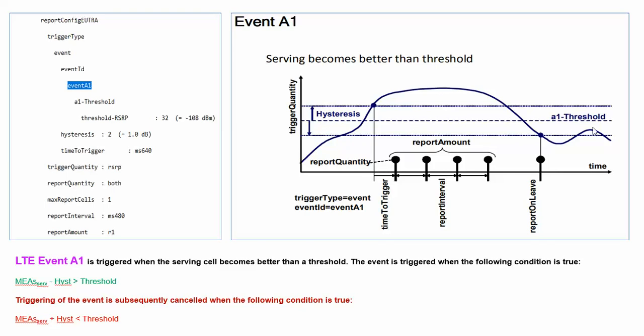Suppose 75 is the set threshold: the event will trigger at minus 74, and it will leave at minus 76. I think you understood the A1 event. I will come with the next video with another event.